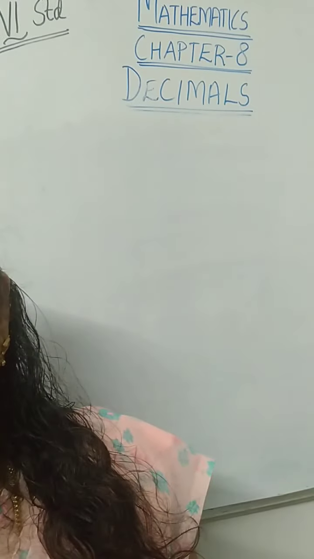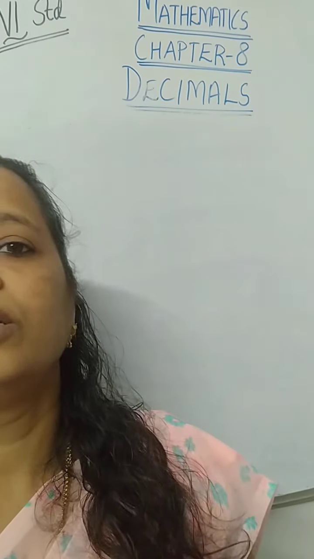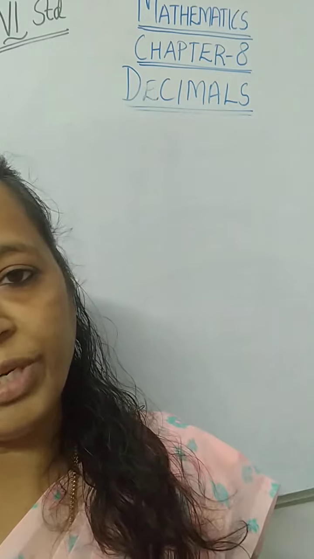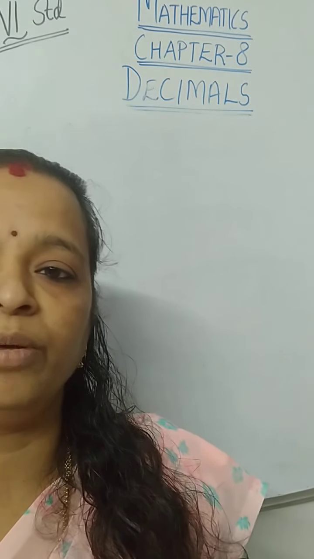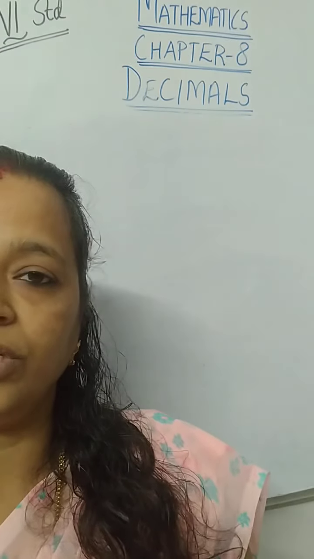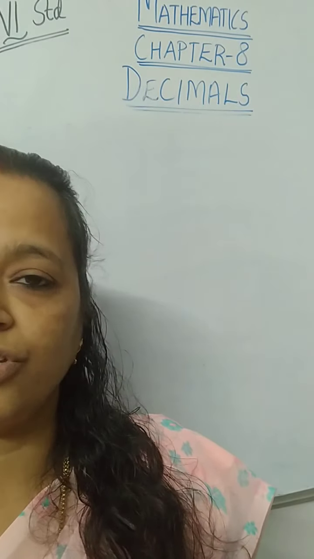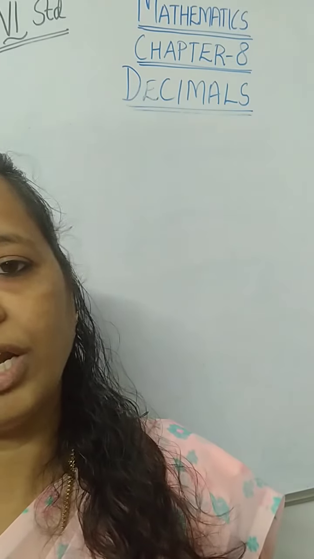Then in case of length, centimeter to meter, meter to kilometer. Also we learned about millimeter, conversion of millimeter to centimeter. Then we learned about the conversion in case of weight, that is from grams to kilograms.